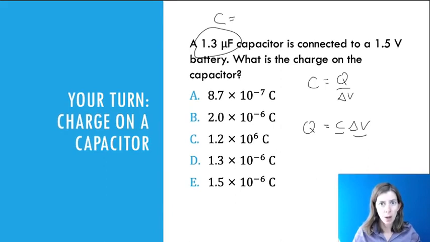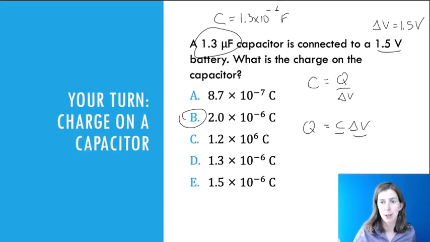Remember that micro is 10 to the negative 6. And then the potential difference is the 1.5 volts. That's our delta V. So if you multiply those two numbers together, then you will get letter B as your answer. We will be manipulating this equation and using this equation very often throughout the rest of this chapter.